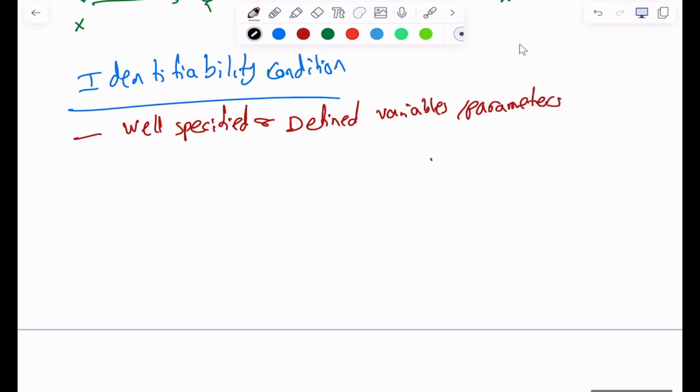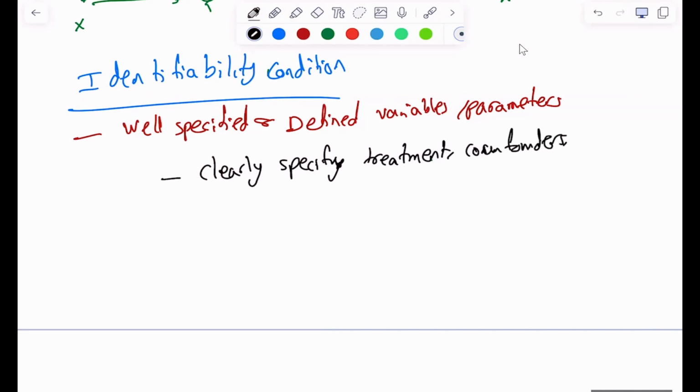So what does it mean? It means that you need to clearly specify treatment, confounders, and outcome, right?